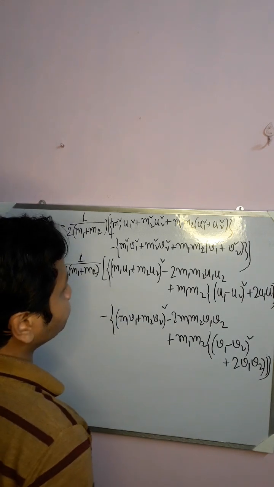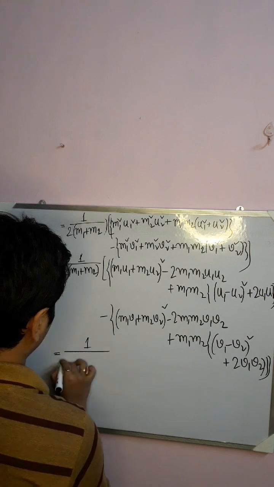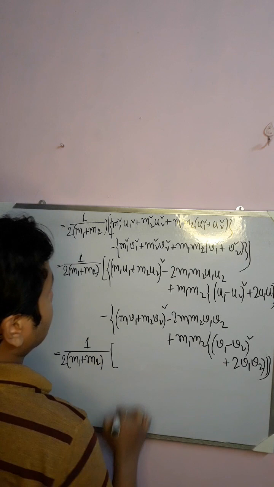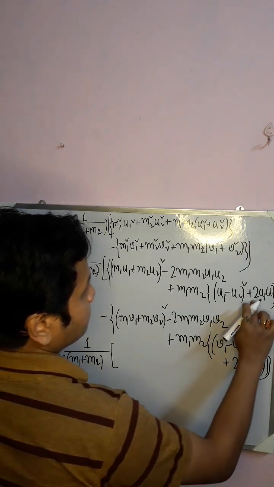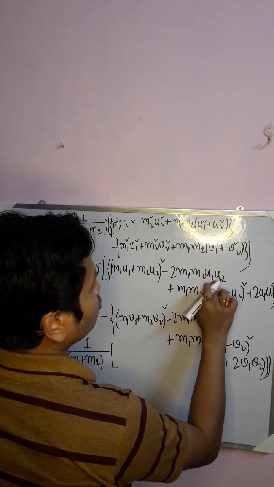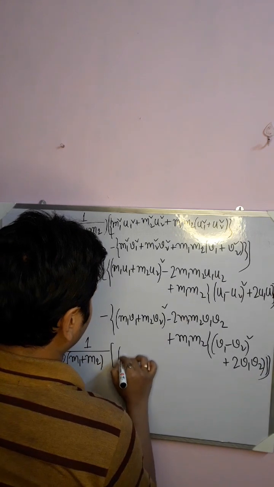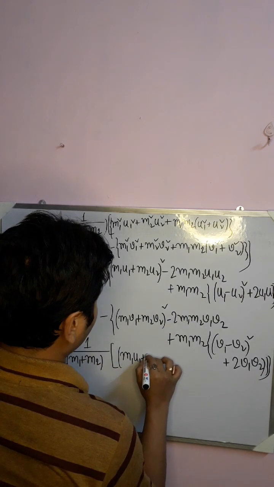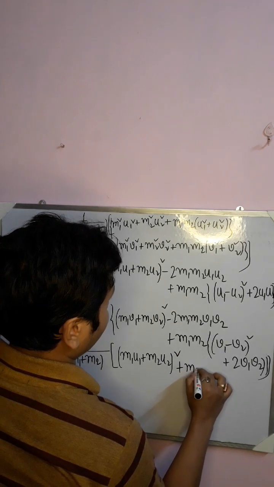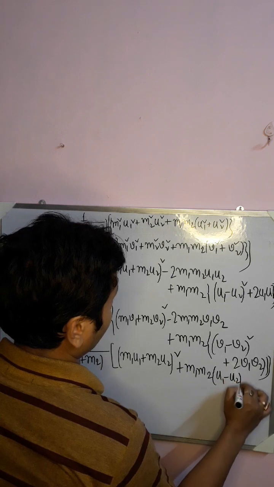Now simply 1 by 2 m1 plus m2, this is 2 u1 u2 m1 m2, and this is 2 m1 m2 u1 u2. Here this is minus and this is plus, so both cancel. So we can write m1 u1 plus m2 u2 whole square plus m1 m2 into u1 minus u2 whole square.